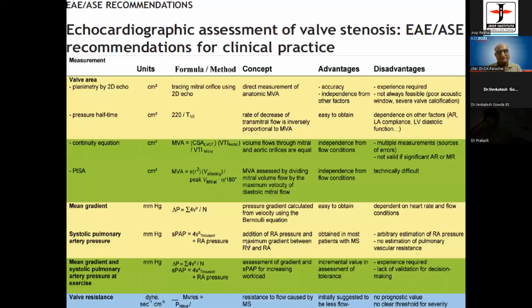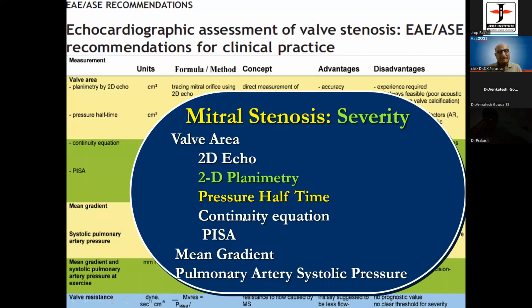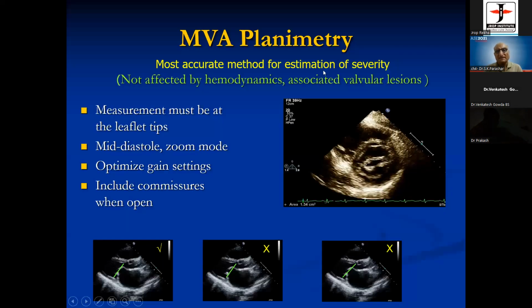Then 2D planimetry. 2D planimetry is the most accurate method for estimation of severity. It is not affected by hemodynamics or associated valvular lesions. We usually take a short axis view, and this will be more clear to you when a demonstration is given to you. A short axis view consists of a view at the aortic level.